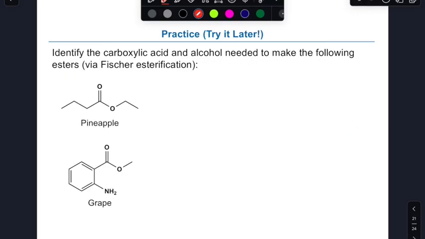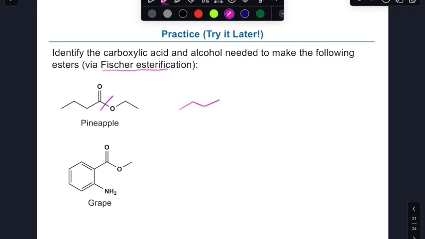Now for our practice try it later, same sort of question. Imagine you're going to do Fischer esterification. Look at these two esters, how would you form them? So take a second, maybe pause the video. All right, so the first one here, again, each time we take the ester. If we're using Fischer esterification, we cut this bond here.